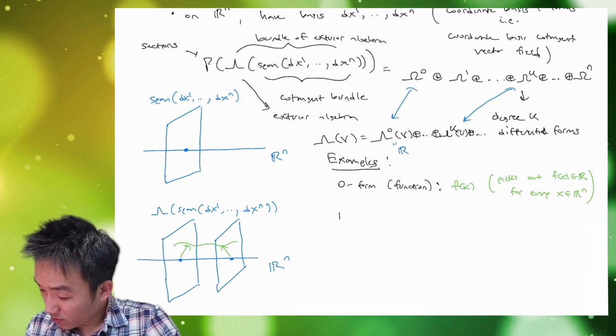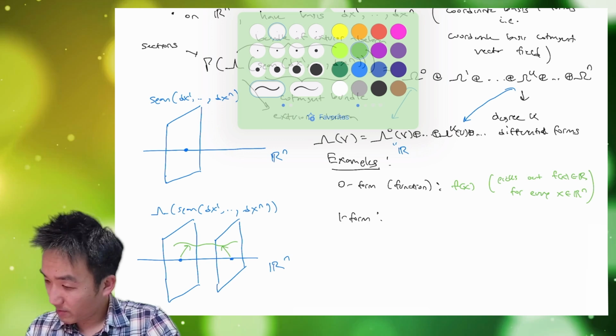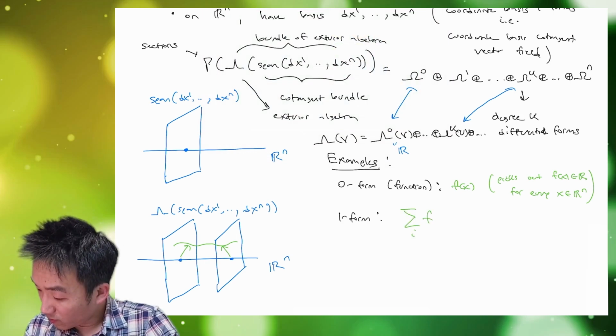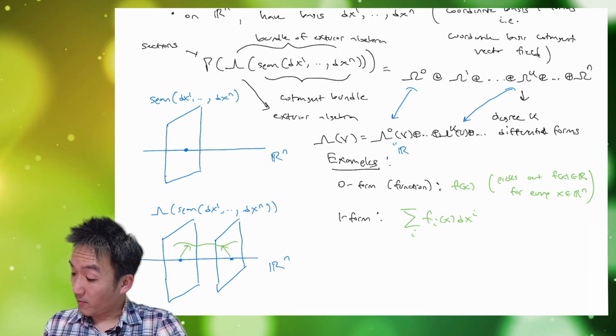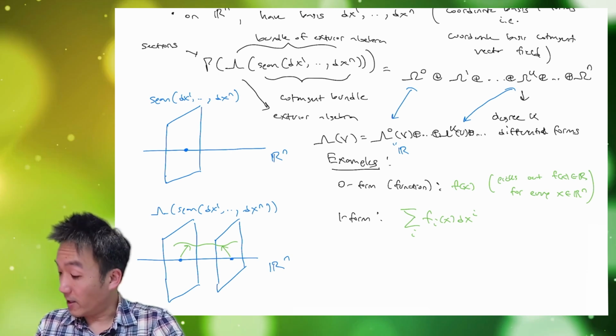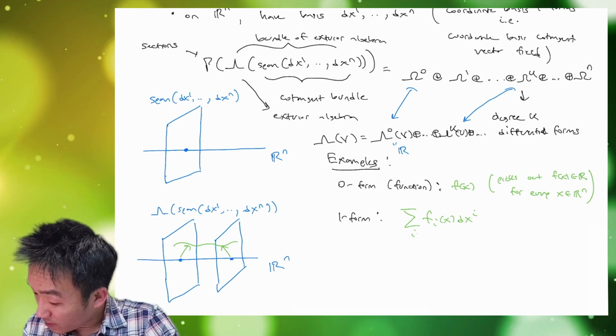What does a one form look like? A one form looks like the following expression. It's a sum over different components, a sum of f_i times dx_i, where i goes from 1 to n.